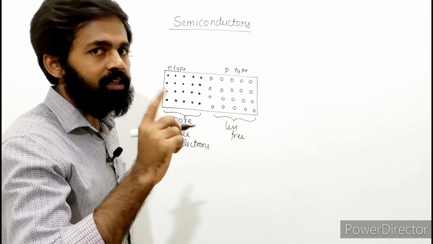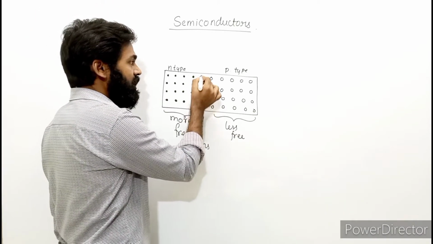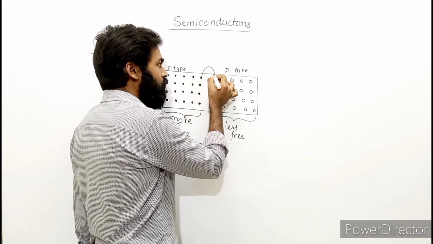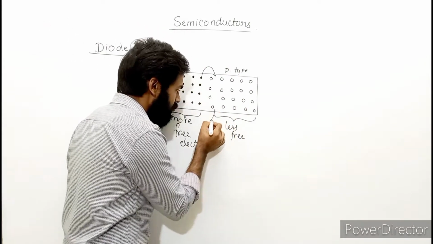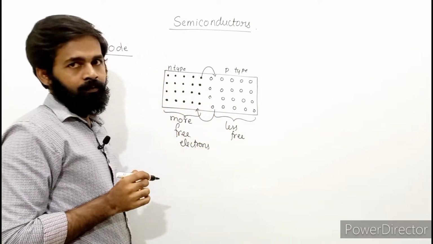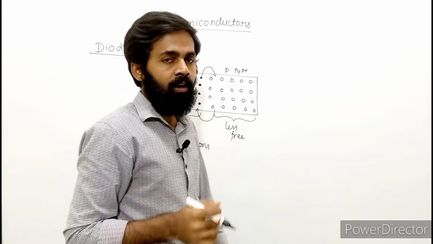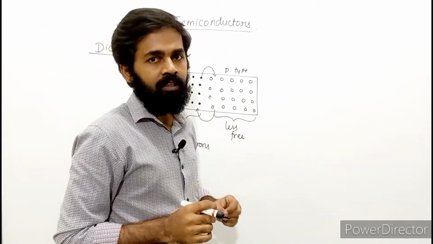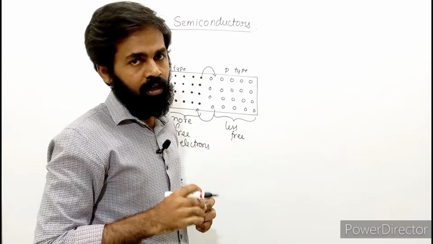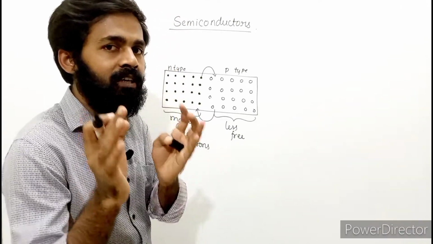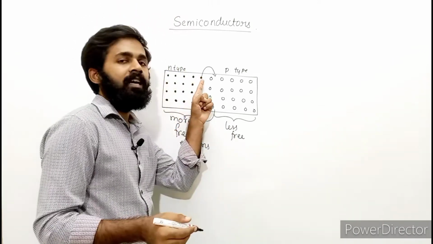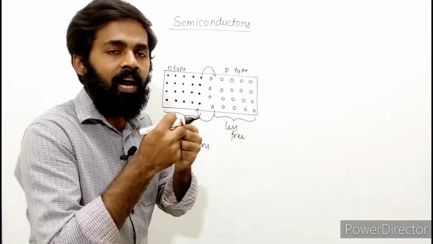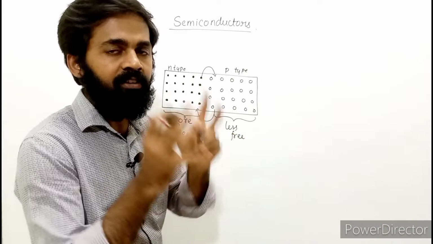Because of this concentration difference, these electrons will move towards right side and these holes will move towards left side. Now we know the free electrons are negatively charged and we consider the holes as positively charged. These free electrons and holes attract each other, they combine with each other.